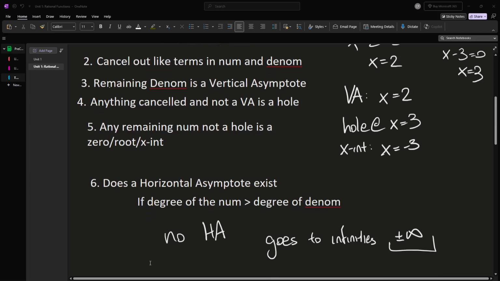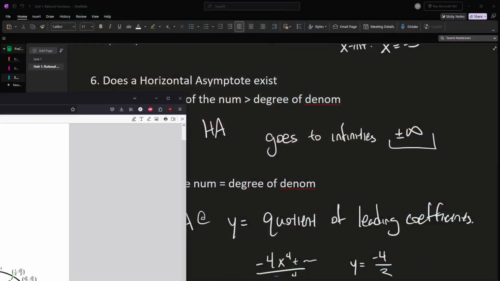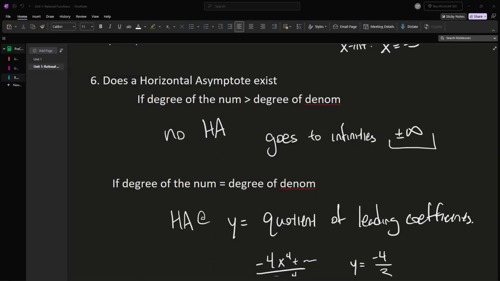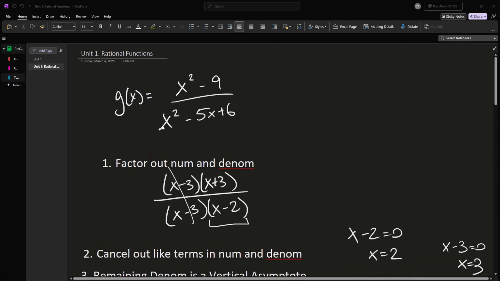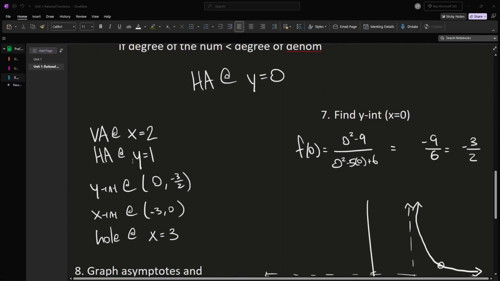Next up, we want to see, does a horizontal asymptote exist? You will have these values. Your reference sheet has this little description for you that will help you navigate horizontal asymptotes. We go through it. We see that this one, my degrees are the same. So I take the coefficients, 1 divided by 1, horizontal asymptote at 1.